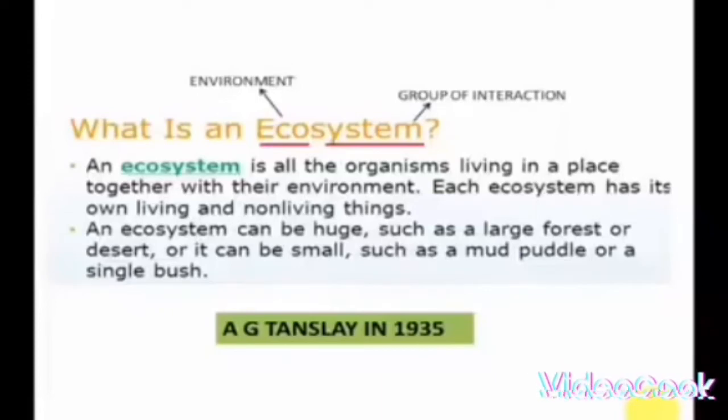An ecosystem can be huge, such as a large forest or a desert, or it can be small, such as a mud puddle or a single bush. And now they are talking about examples of ecosystems. We have a forest ecosystem, a desert ecosystem.